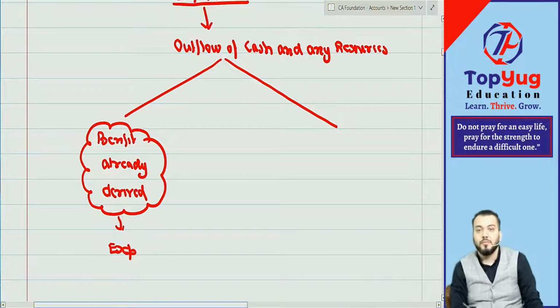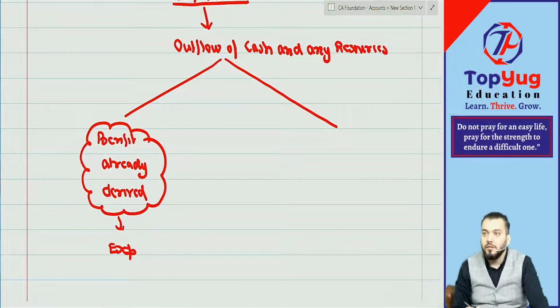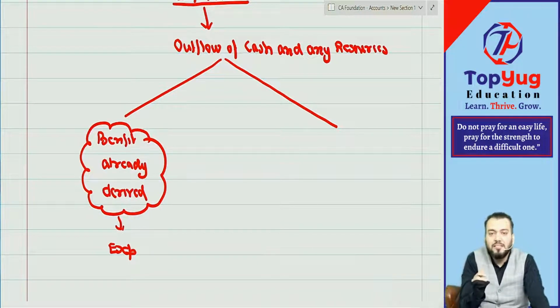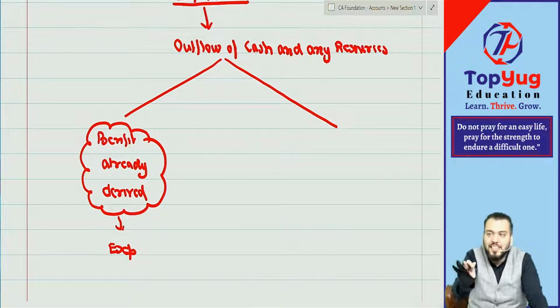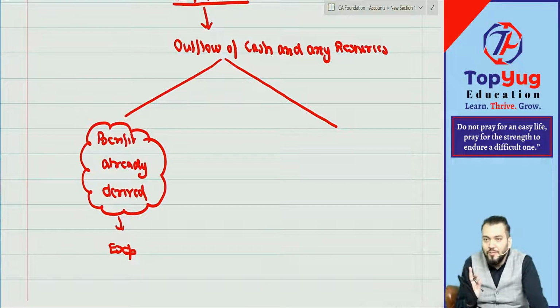Correct? Understood? For example, I have paid some amount to my employee. Just try to understand whatever I am saying. I have paid some amount to my employee, expenditure or not? Outflow.